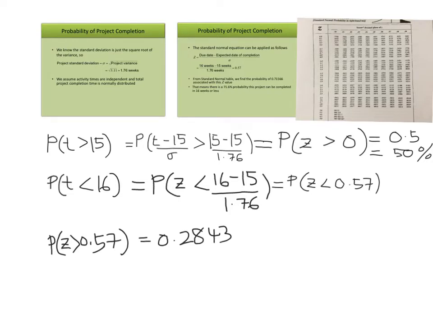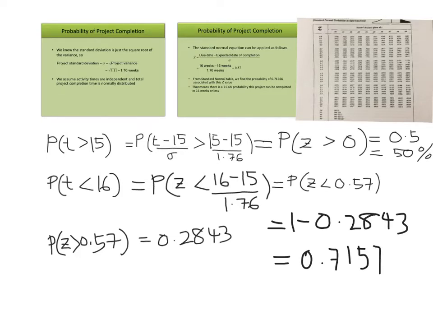Now, what is the probability of Z less than 0.57? This is going to be equal to 1 minus 0.2843, which is equal to 0.7157.